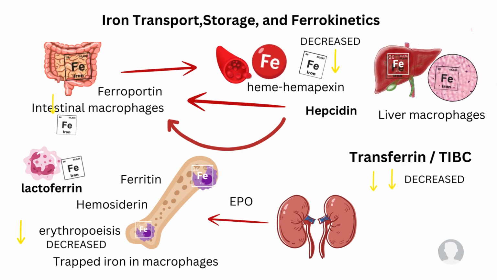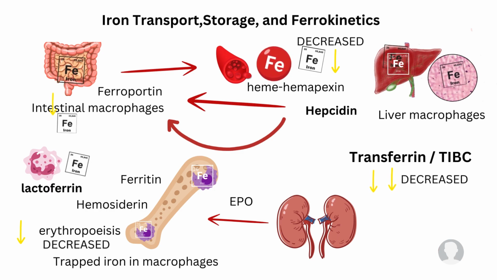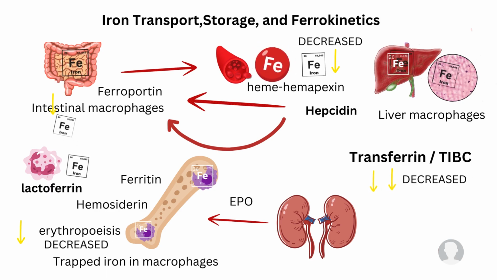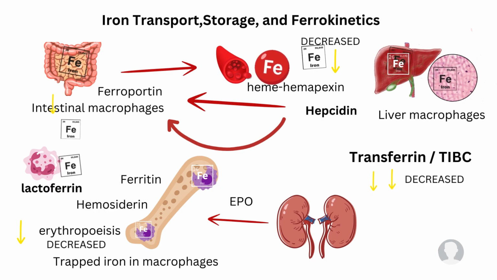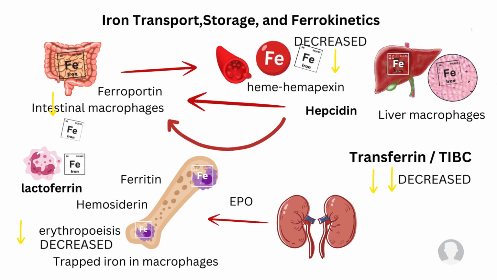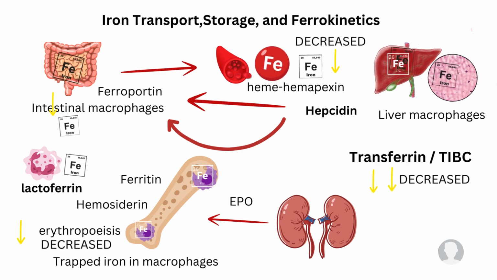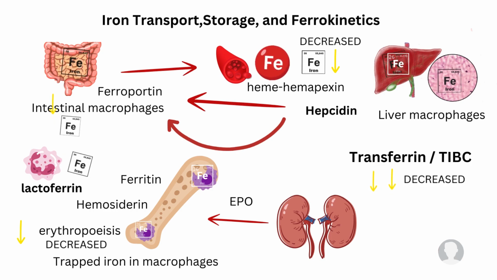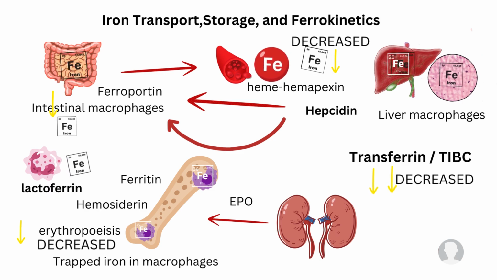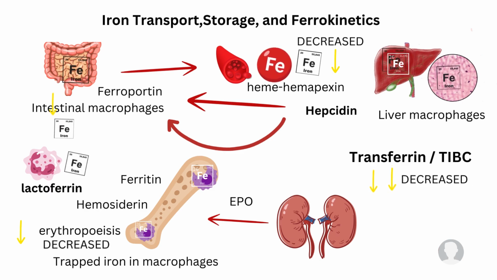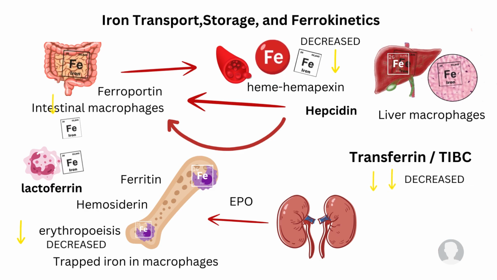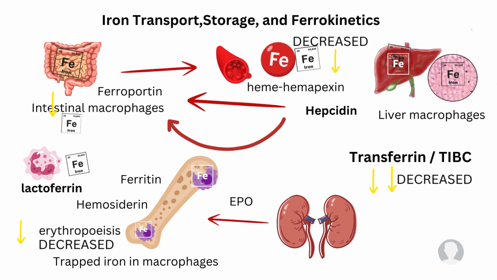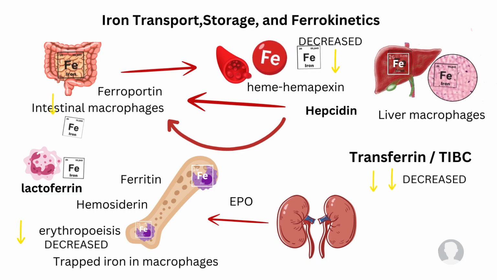It regulates it, degrades it for transport to erythroid precursors for iron binding. And we also know that we have sequestration of iron by liver macrophages, intestinal macrophages, as well as in the bone macrophages. So we have trapped iron, but there's no free iron available for the erythropoiesis for the erythroid precursors. And this is a problem with the anemia.